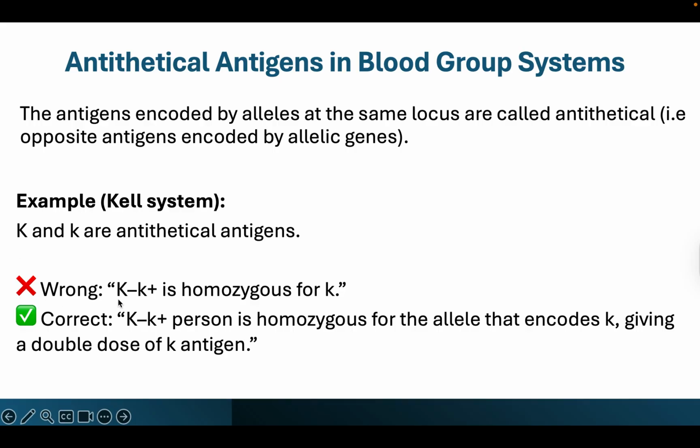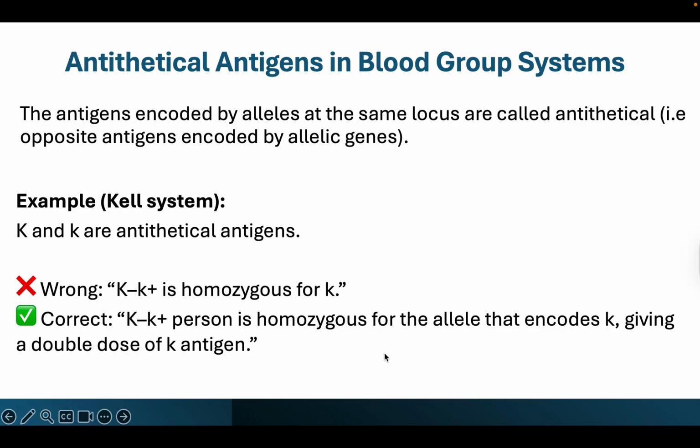So it is wrong to say that K minus k plus, which is the phenotype, is homozygous for K. The correct way to say it is the person is homozygous for the allele that encodes small k, giving a double dose of the k antigen.